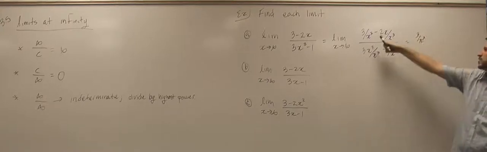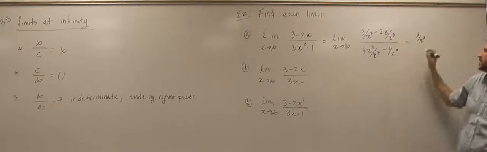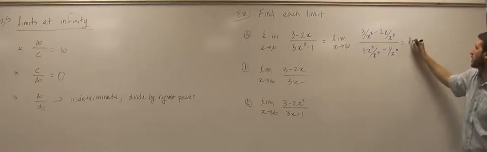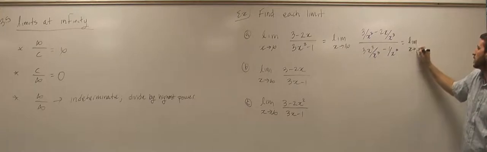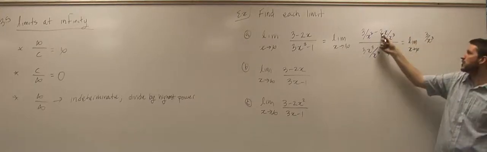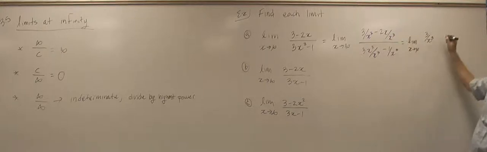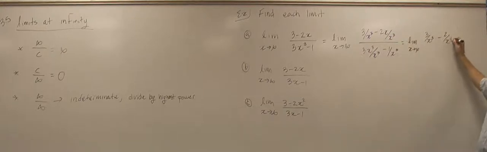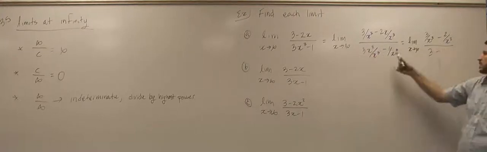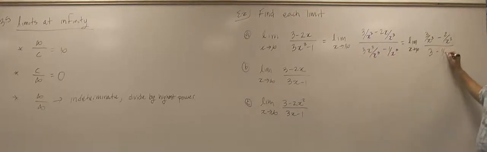You have 3 over x cubed, that doesn't simplify, but I need my limit, can't forget that. So 3 over x cubed doesn't simplify, but this will be 2 over x squared because one of the x's cancels. This will be 3. This will be 1 over x cubed.